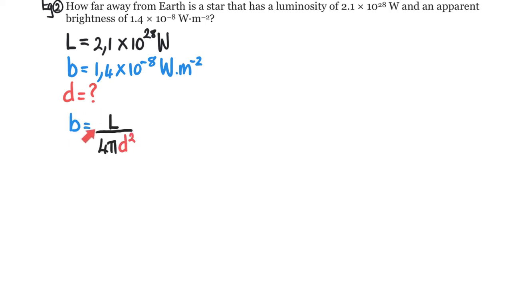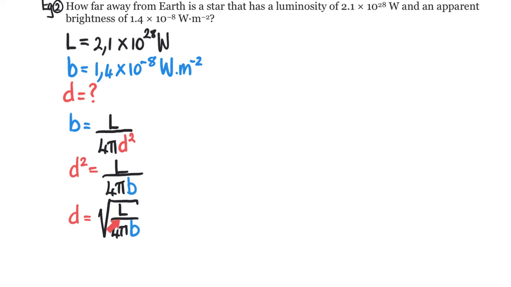So using B equals L over 4 pi d squared, we can rearrange so that d squared is the subject of the formula by multiplying by d squared on both sides and dividing by B on both sides. So we get that d squared equals the luminosity divided by 4 pi times the brightness.